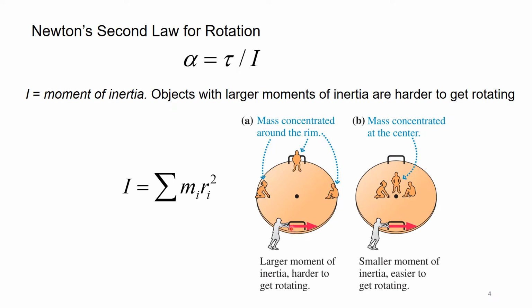It will take more torque to create the same angular acceleration of the first wheel compared to the second wheel. In the second wheel, the mass is closer to the axis of rotation, so the moment of inertia of the system is smaller, and the force applied will create a larger angular acceleration. So this is how torque, moment of inertia, and angular acceleration are related, also expressed as Newton's second law for rotation.